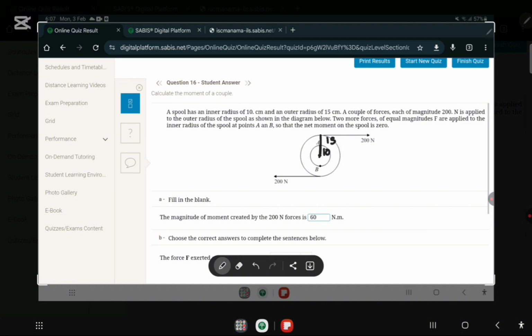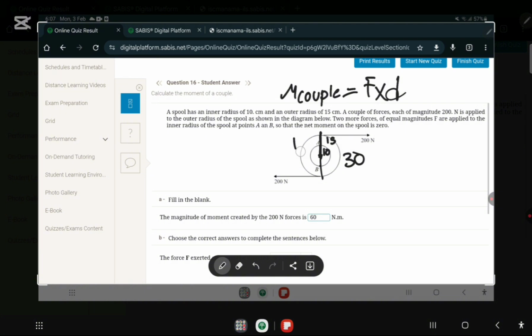The magnitude of a couple, or the moment of a couple, is force times the distance between them. The distance between them is going to be 30, because from here to here is only 15 centimeters.